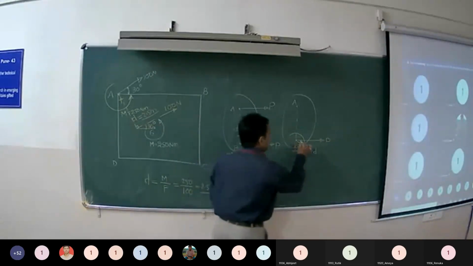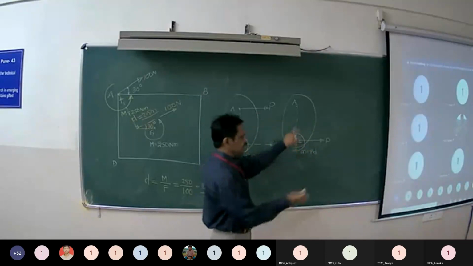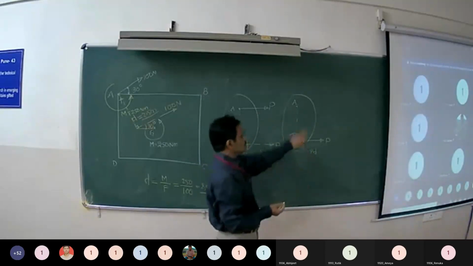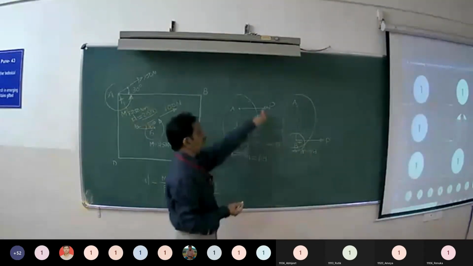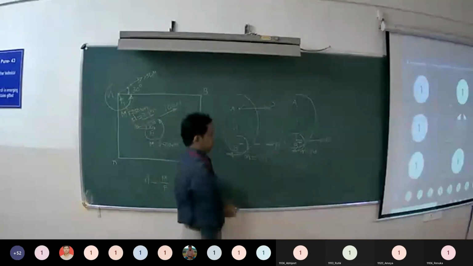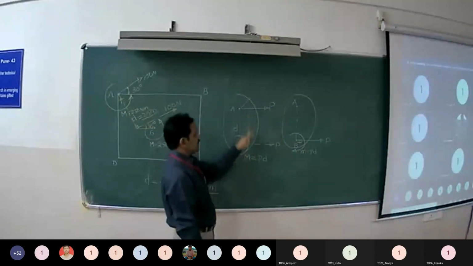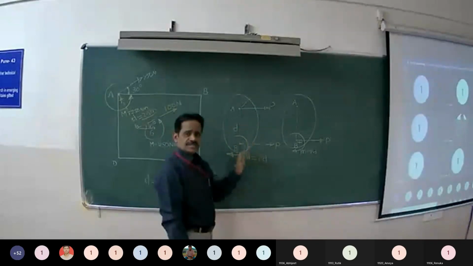Now when you combine these two, which are acting at B, the resultant will be a single force which will go back to its original position. When you transfer from A to B, you are having this resultant, force and couple.